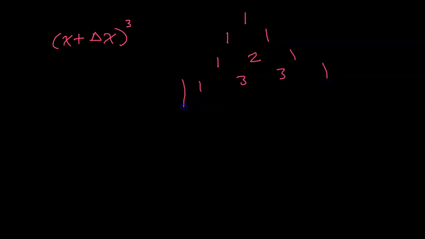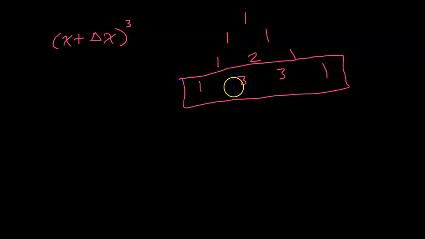Now, what does this have to do with anything? These are the coefficients for when you're doing something to the third power. These are the coefficients that you use. So the coefficients are going to be 1, and I'll just put pluses in front of everything. 1 plus 3 plus 3 plus 1.